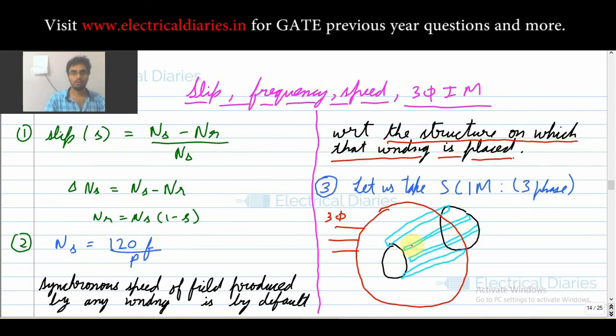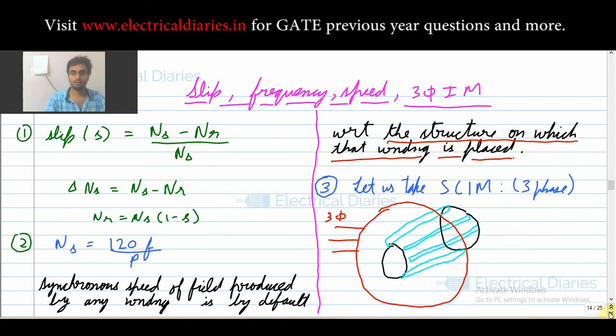You supply a three-phase supply to this winding and you get a rotating magnetic field, so some flux will be produced by the stator windings. Now we have to find the speed of that flux, and we find that speed with respect to the stator, because the winding is placed on the stator structure.